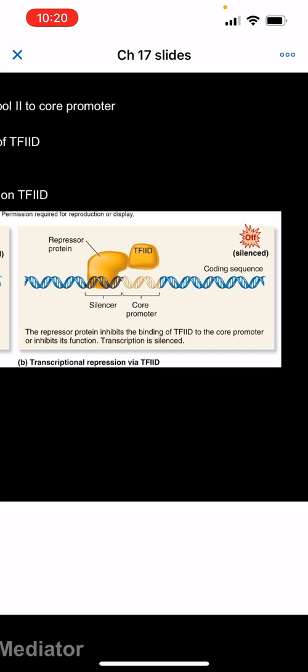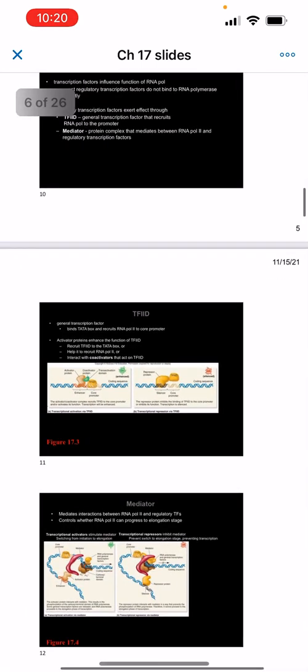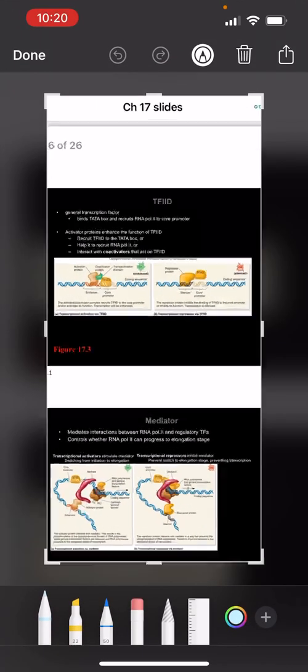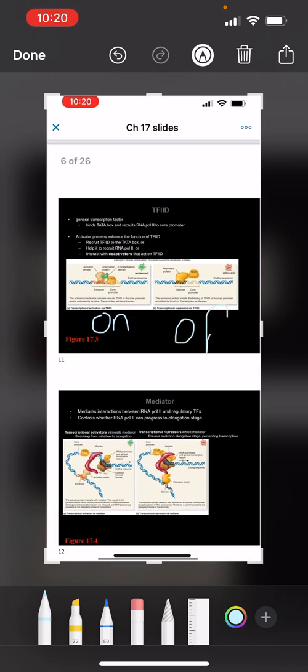So that is going to, of course, result in the silencing of transcription. So over here, transcription is going to be off. Over here, transcription is going to be on. So these are some ways that regulatory transcription factors can interact with TF2D.